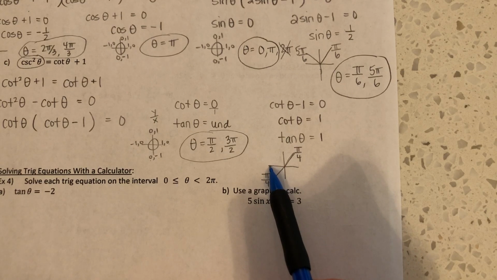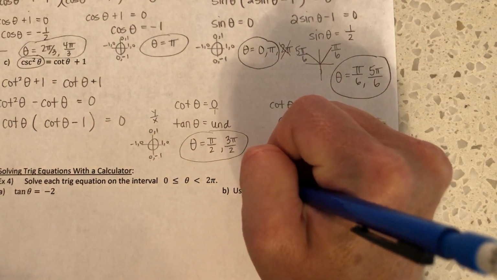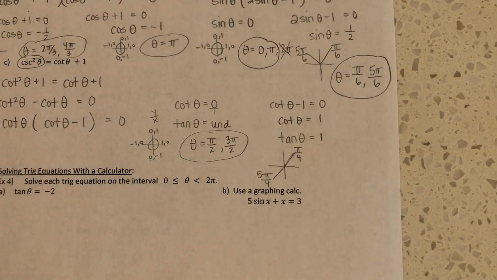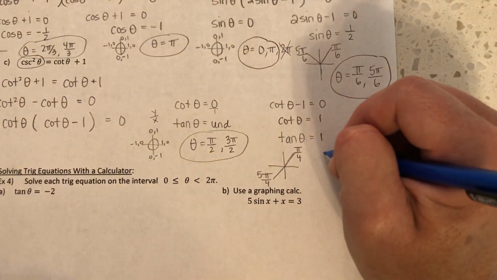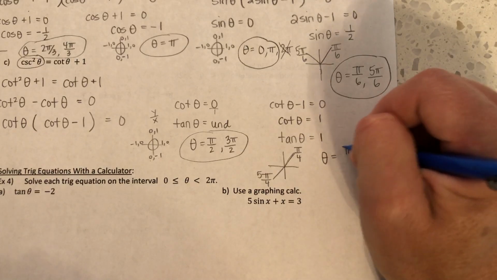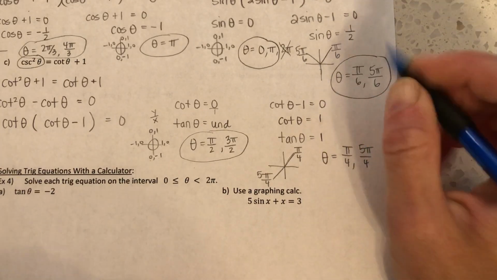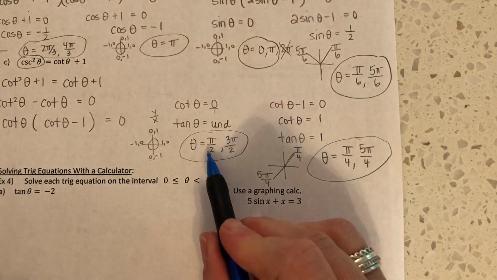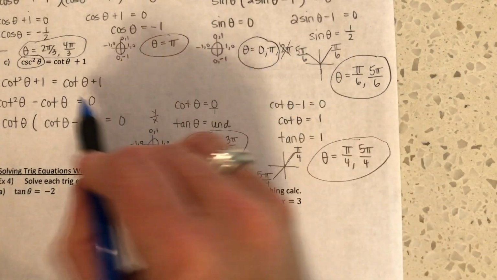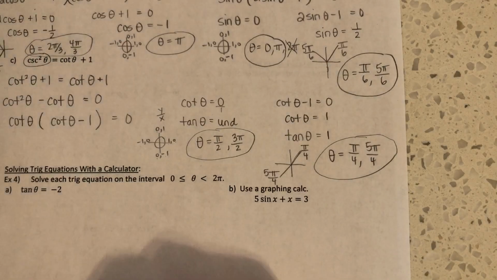Well, if this is pi, that's 4 pi's over 4. So the one right after it is the fifth pi over 4, or 5 pi over 4. So in order to make this equation true, theta could have been pi over 4 or 5 pi over 4. And you end up with 4 answers. 1, 2, 3, 4 answers to this trig equation.